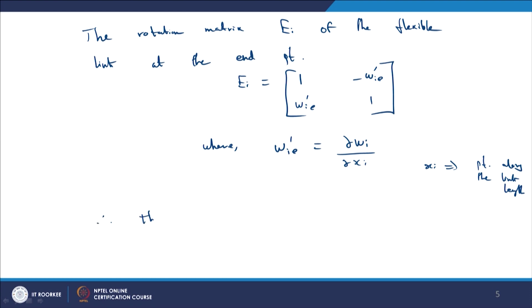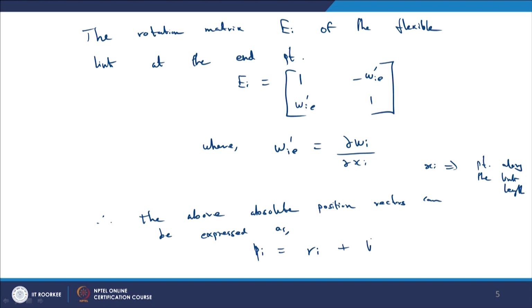therefore the above absolute position vectors can be expressed as, in general, the position vector small p_i is equal to r_i plus W_i p_i with respect to i.